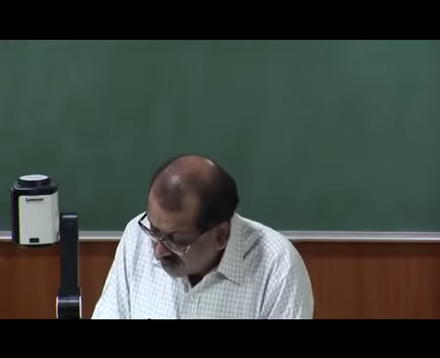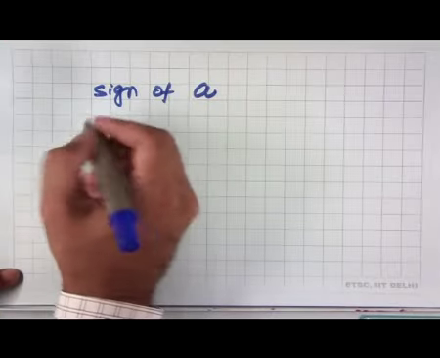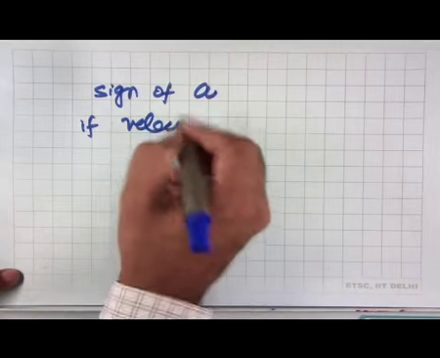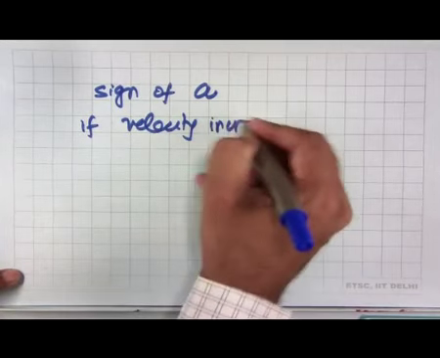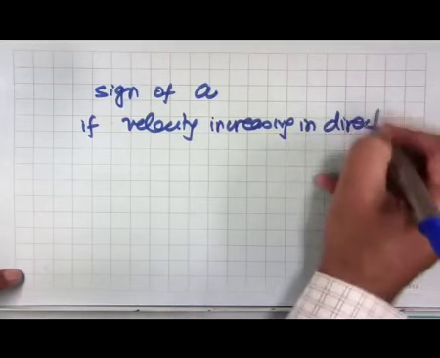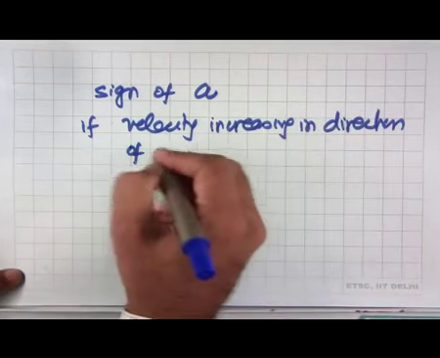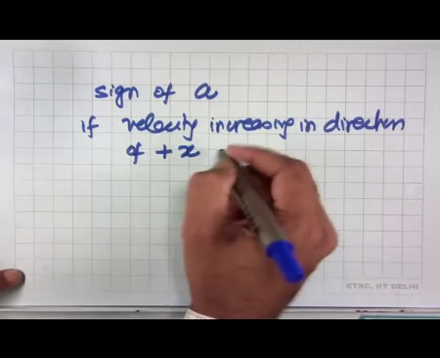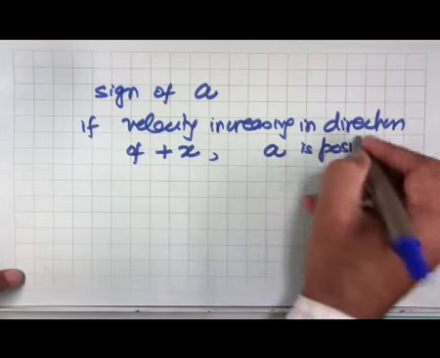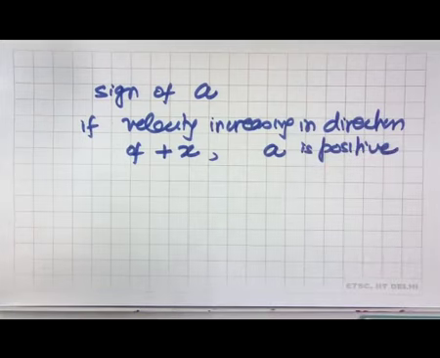So if the velocity is increasing in the direction of positive x, then a is positive, which is what we call acceleration.